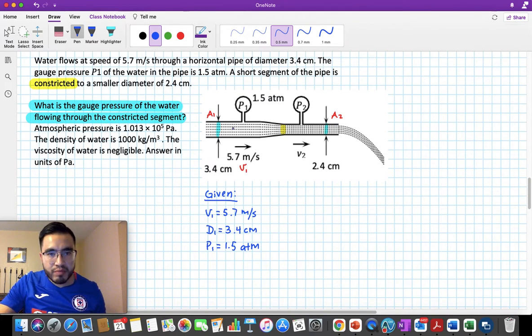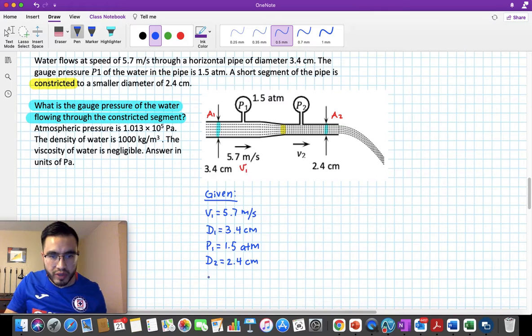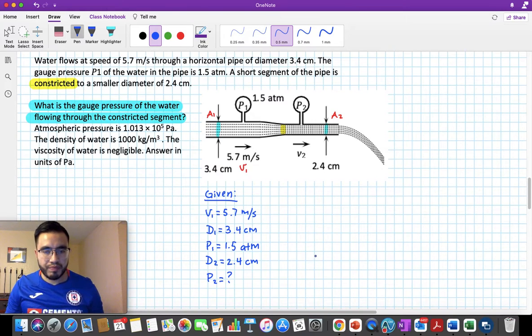And we have a second diameter of the constricted area, which is 2.4 centimeters. And we need to find gauge pressure, or P2 over here, question mark. And that's all we have.